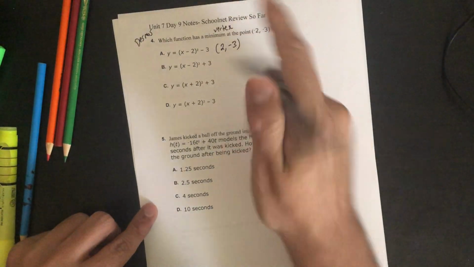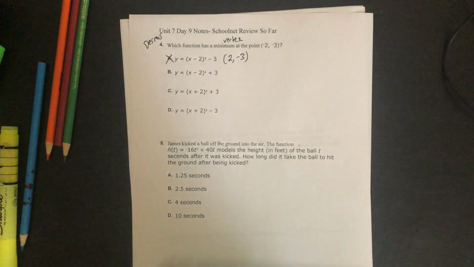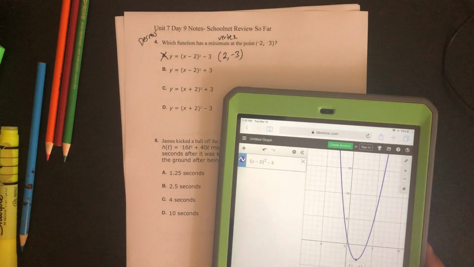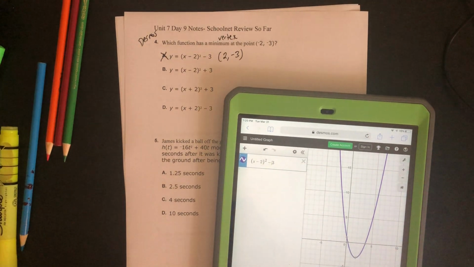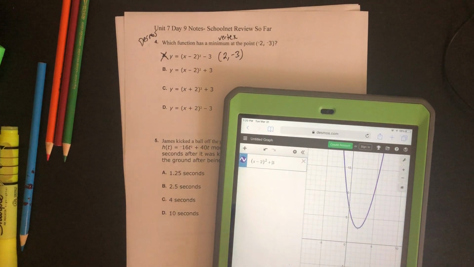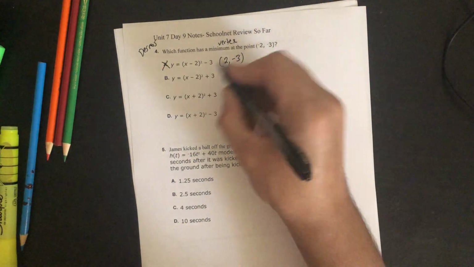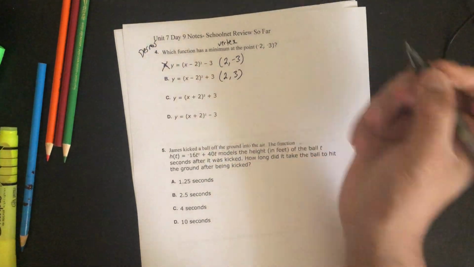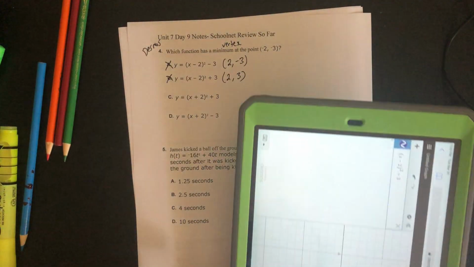Clearly, that's not the answer we're looking for, so it's not A. Let's move on to answer choice B. My vertex for that is 2, 3. Clearly, that's not the answer choice because we're looking for the one that has -2, -3.